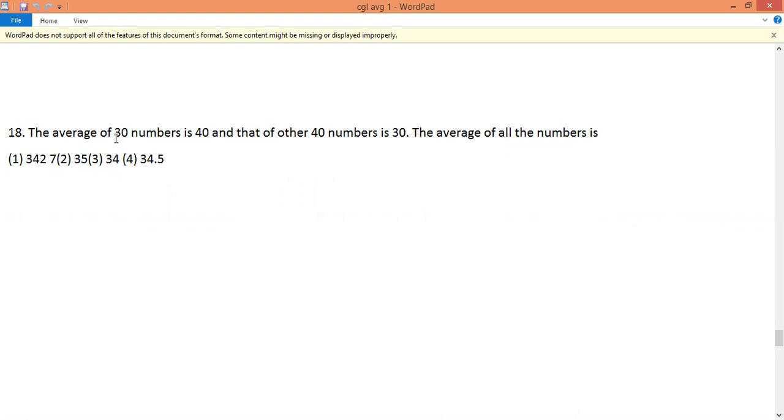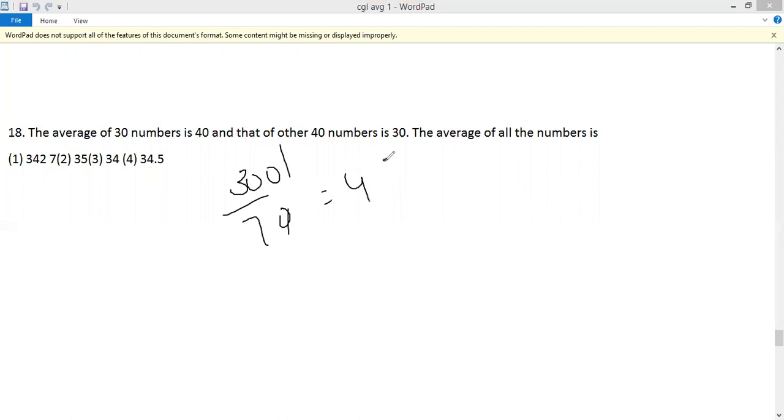So 30 into 10, 300. 300 must be shared by how many numbers? 70. 300 by 70 what? 300 by 70. 4, 2 by 7. Right? So what is the answer? 34, 2 by 7 answer. This is first answer. This is right. 34, 2 by 7. Right. First answer. Right. This.